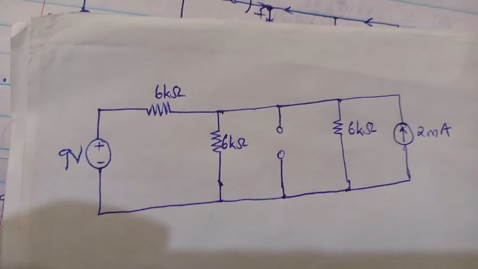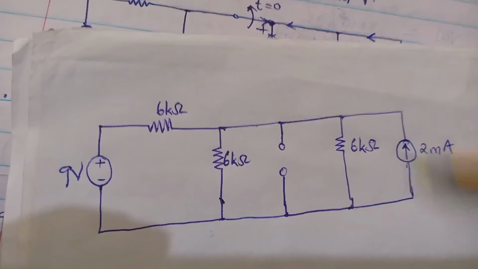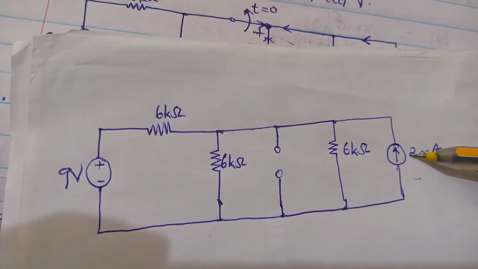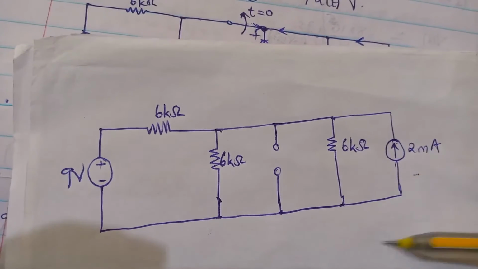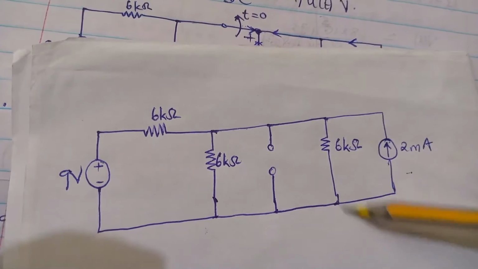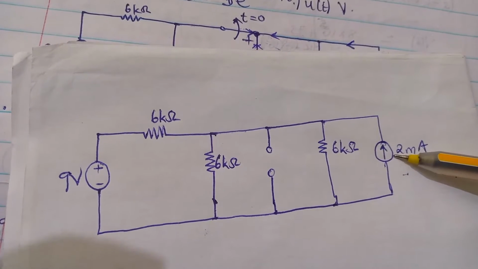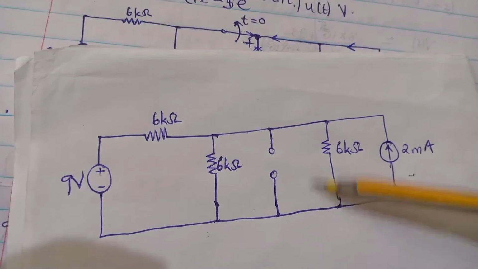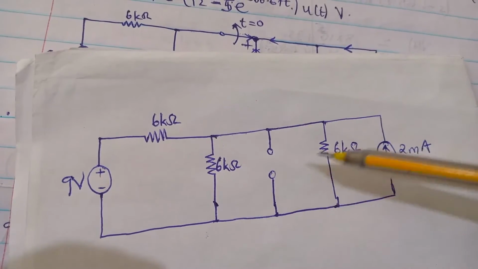Now, when you are transforming a circuit, for example in this diagram, when you look at this side, we have a current source and we have a resistor. If I want to transform this current source into a voltage source, I have a current source in parallel with these two resistors.